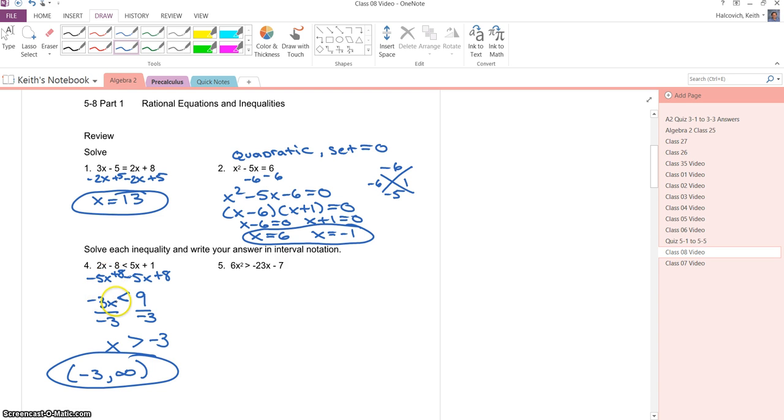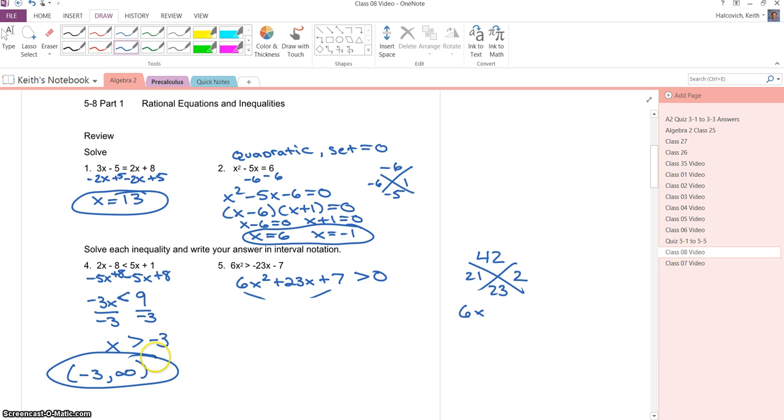A quadratic inequality, you solve like a quadratic equation. You get all the x's on one side. So you add 23x and 7 and get it greater than 0. Then remember you factor. So the factors of 42, because 7 times 6 is 42, that add to 23 are 21 and +2.